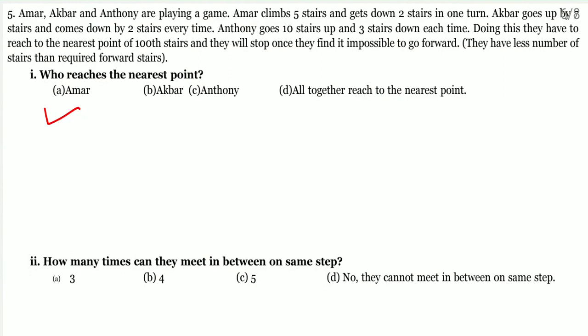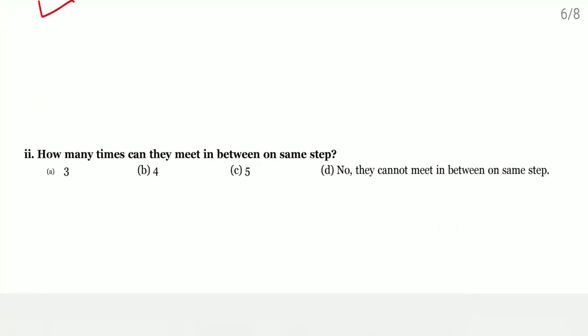Come to the second question. Now in the second question, what they are asking: how many times can they meet in between on the same step? Now Amar was going 3 steps ahead, Akbar was going 5 steps and Anthony was going 7 steps. Now once again you see, how many times can they meet in between on the same step?